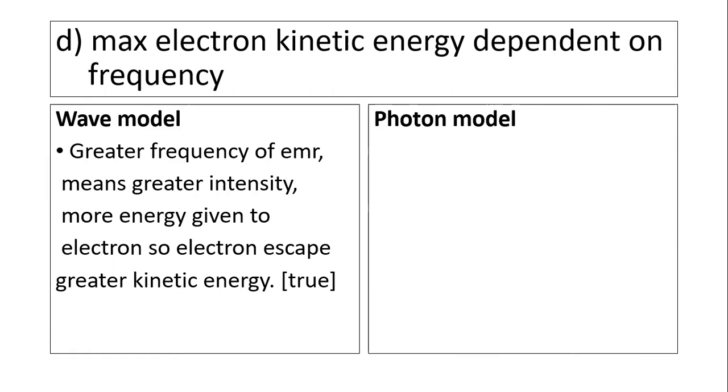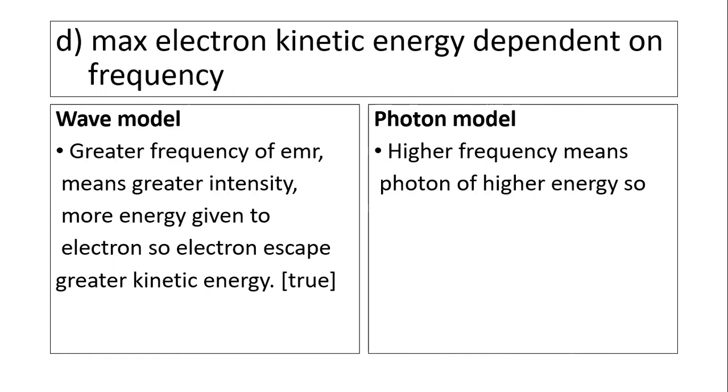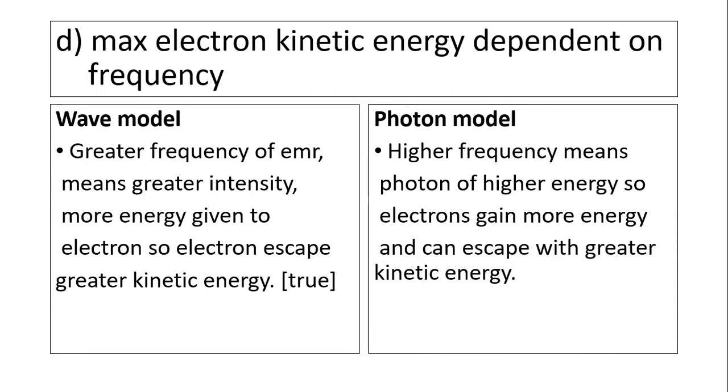There is a maximum kinetic energy, no greater than that. Photon model: higher frequency means a photon of higher energy for an electron, so the electron gains more energy and can escape with greater kinetic energy.